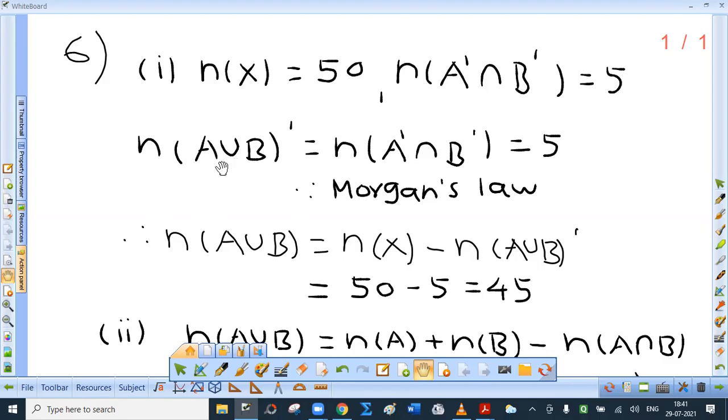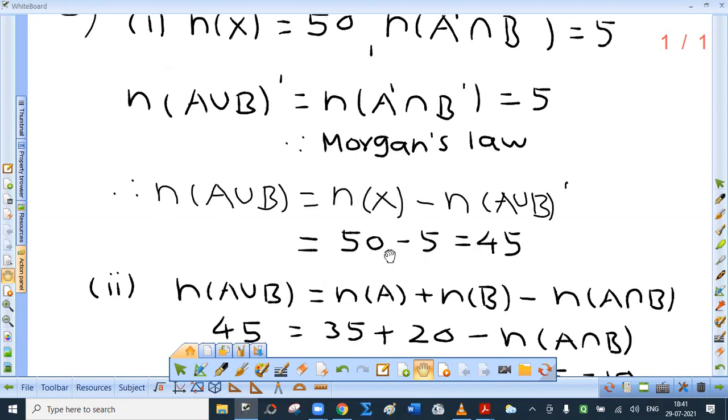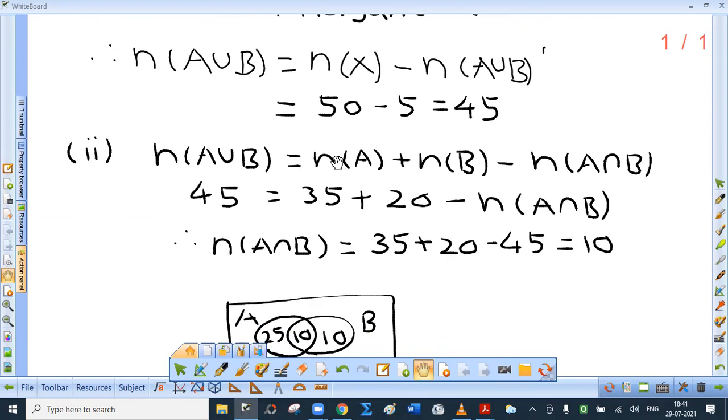I repeat, the number of elements in the complement is n(X) minus the number of elements in the set. So what is n(A ∪ B) then? n(X) minus n((A ∪ B) complement), so 45. Then by the addition theorem, what is n(A ∪ B)? n(A) plus n(B) minus n(A ∩ B). Out of four, three values are known, so the fourth can be obtained.